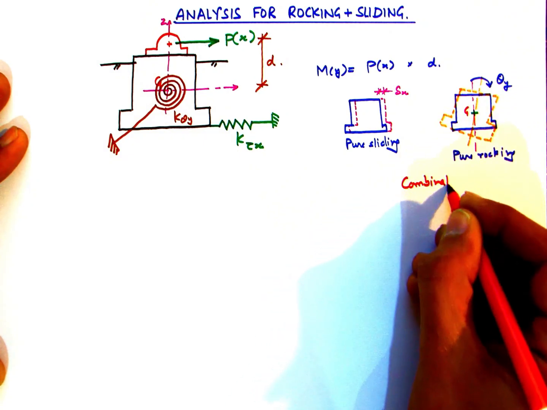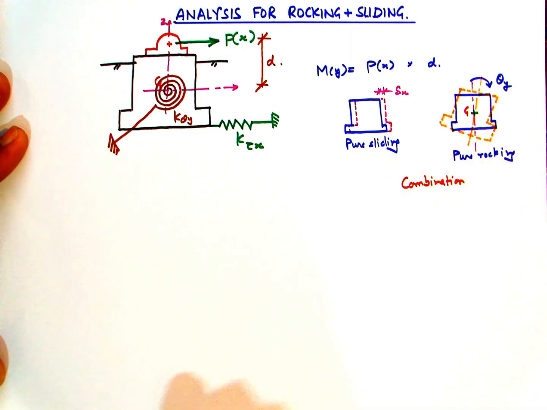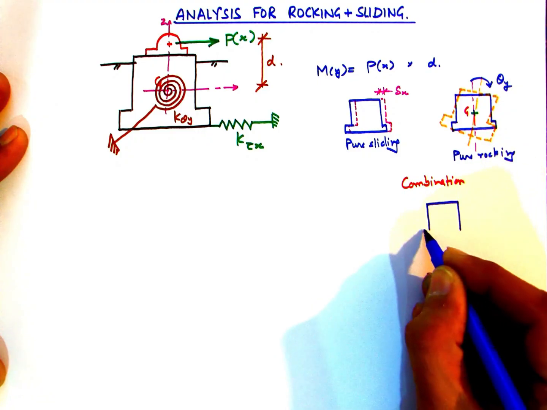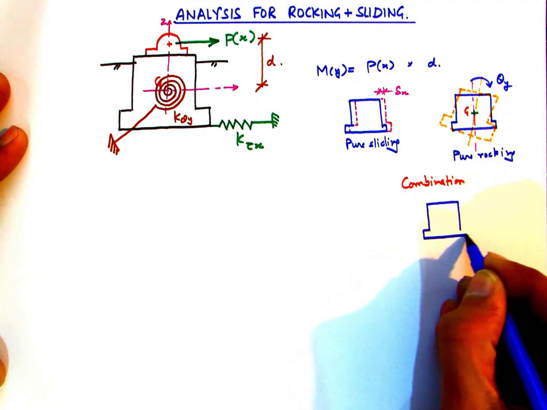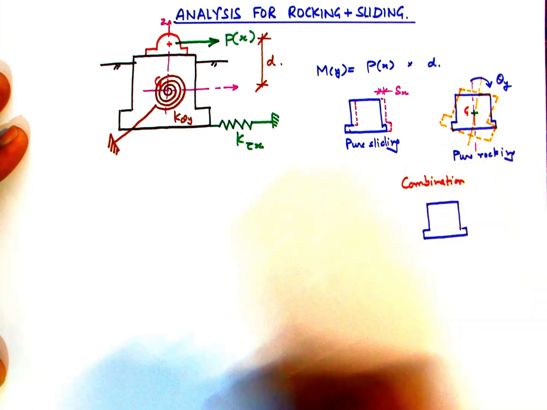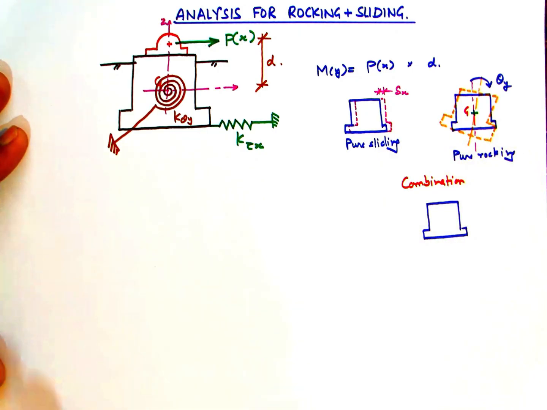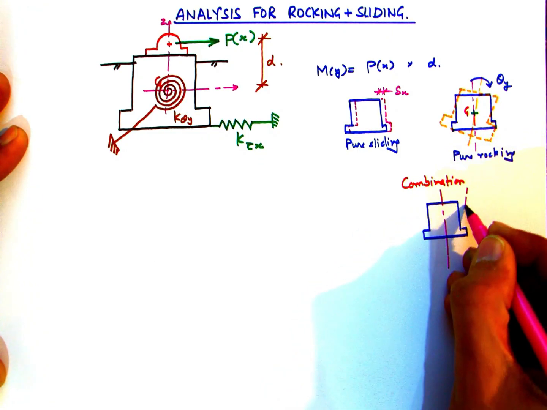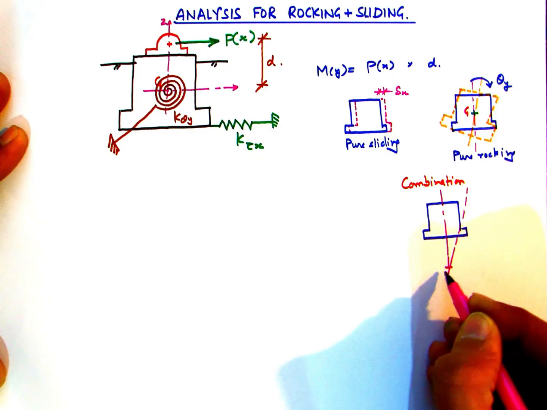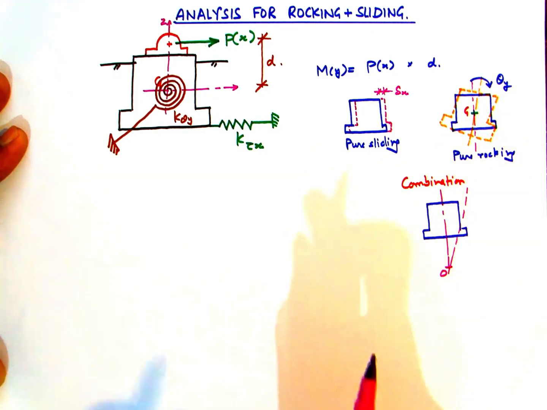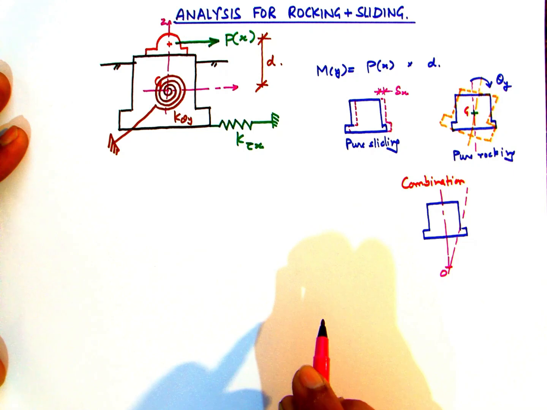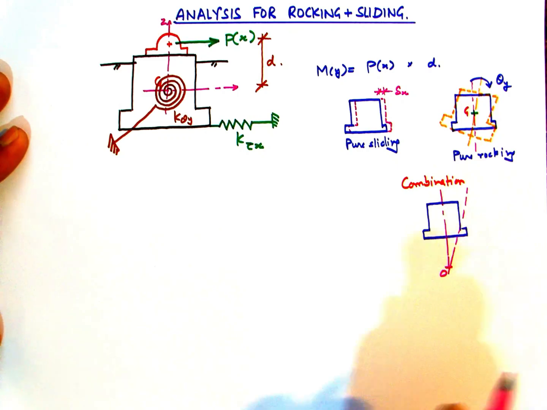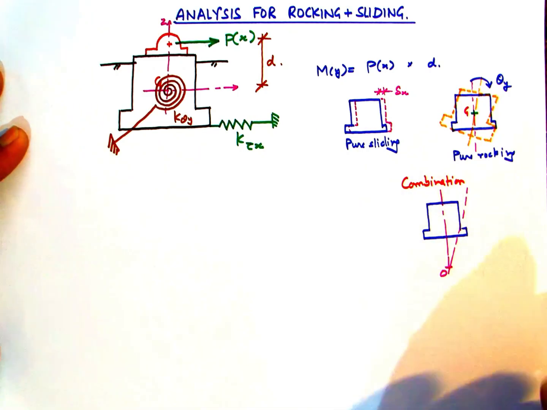So how the combined action of sliding and rocking works on the machine foundation is shown here. We can visualize the combined action as a sort of rotation of the entire foundation system about an external point. This external point could be below the foundation or above the foundation. Here we are just showing the combined action about a point which is situated below the foundation.